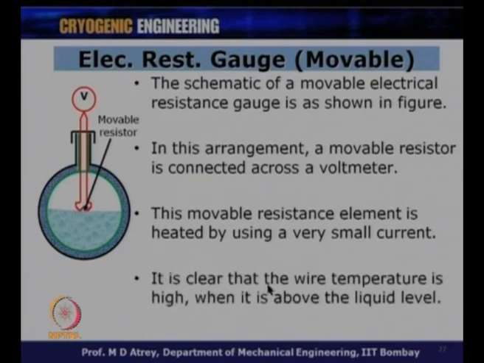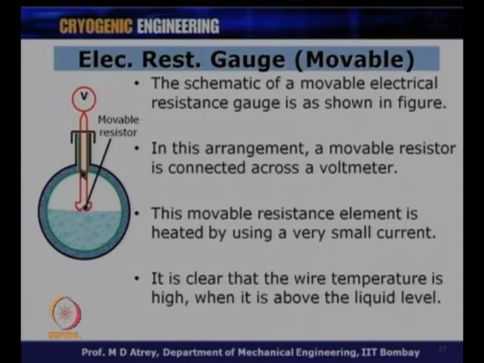It is clear that the wire temperature is high when it is above the liquid level. So, when it is in the gaseous region, you have heat transfer by convection to the gas, and this heat transfer is going to be very, very less as compared to when it is in the liquid. So, temperature in this case is going to be very high, while the temperature in the liquid is going to be low.